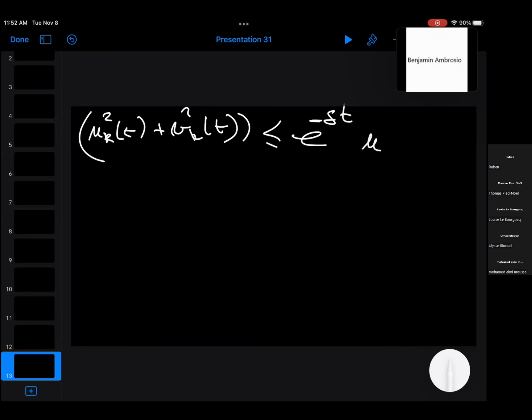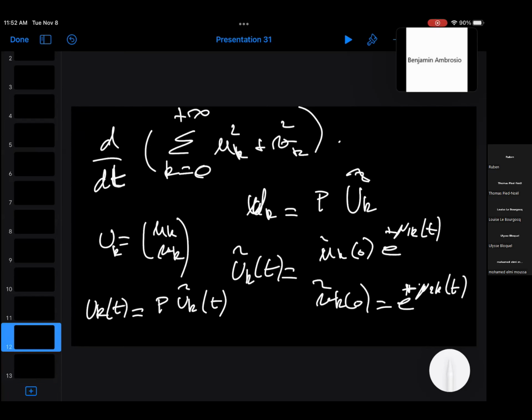It's not the k now that I want, it's the sum. I want to prove that, and I know these things from the analysis of the ODEs.